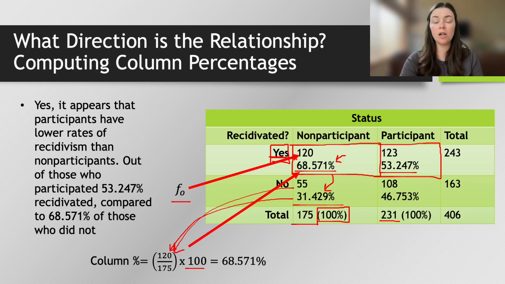And so what we can conclude is that this treatment program actually lowered the rate of recidivism for participants, because that's what this gap is representing here. And so not only can we determine that there's a relationship between our status of participation or not and recidivism, that's what directly comes from our chi-square test, but now using column percentages, we know that the effect that the treatment program had on recidivism is that it lowered that overall percentage.